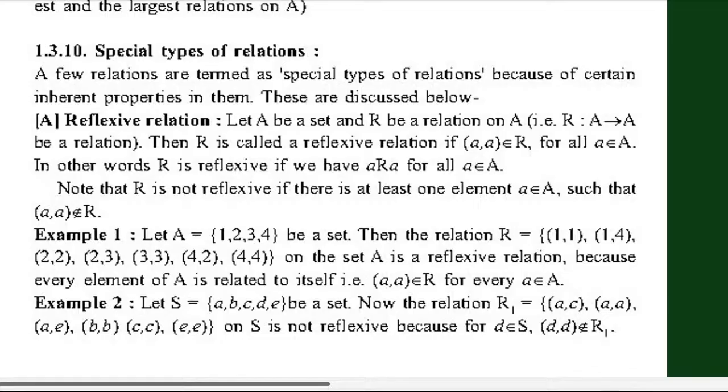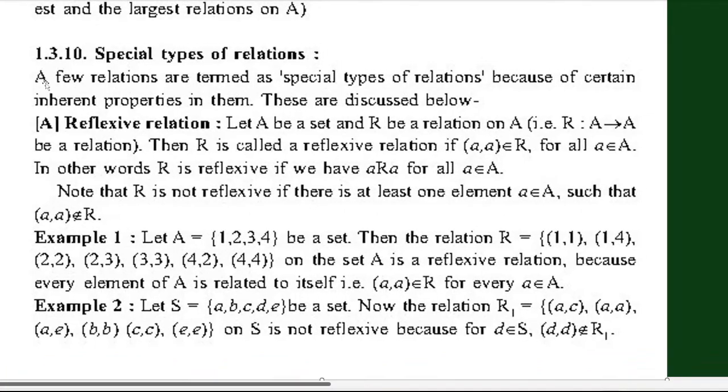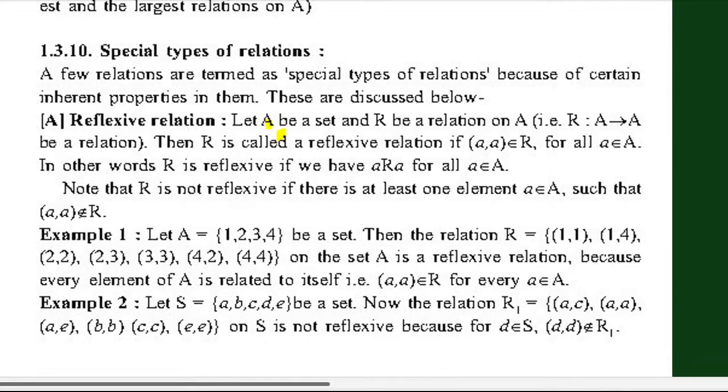Now you see here, say A. Let A be a set and R be a relation on A. Then R is called a reflexive relation if (a, a) belongs to R for all a belongs to A.